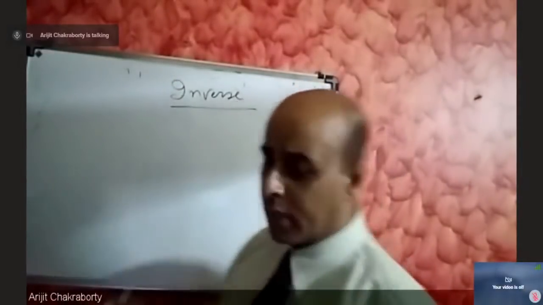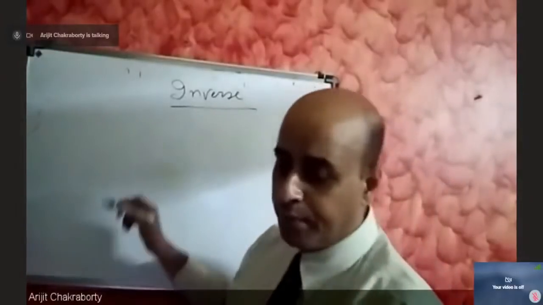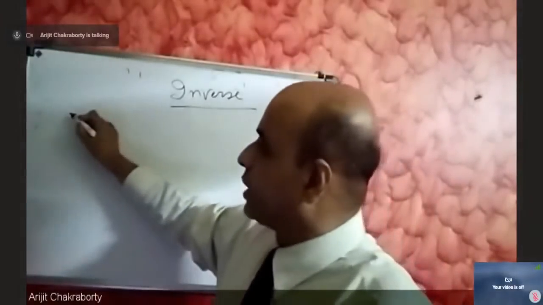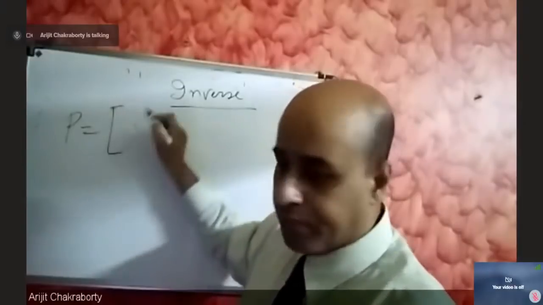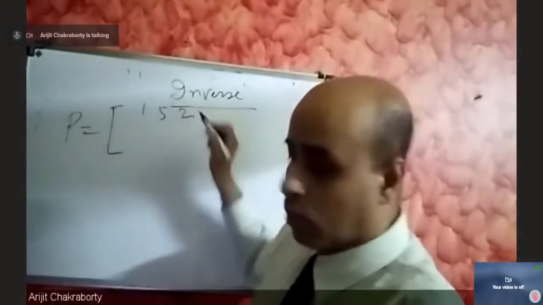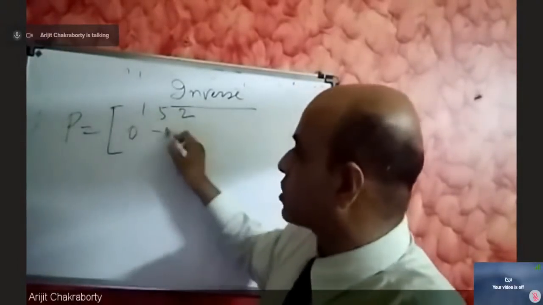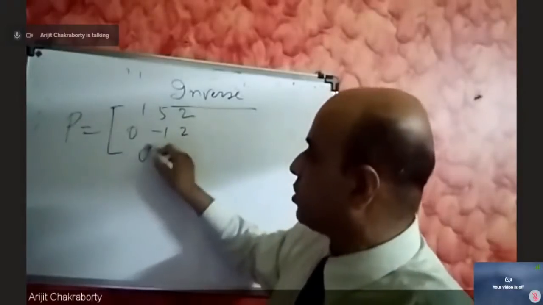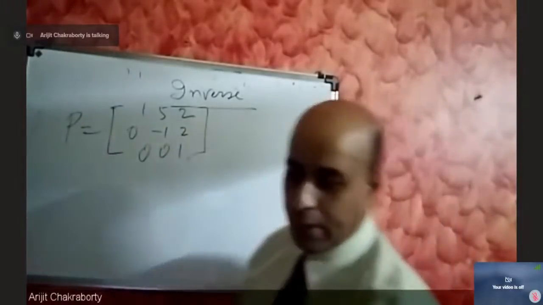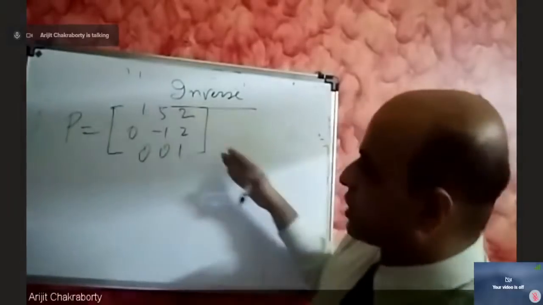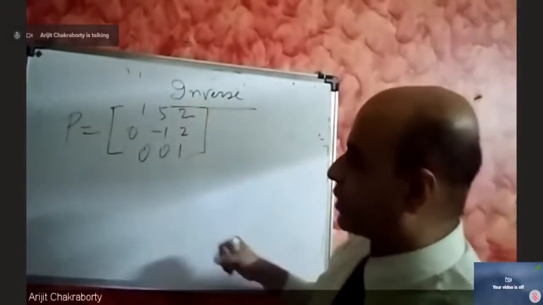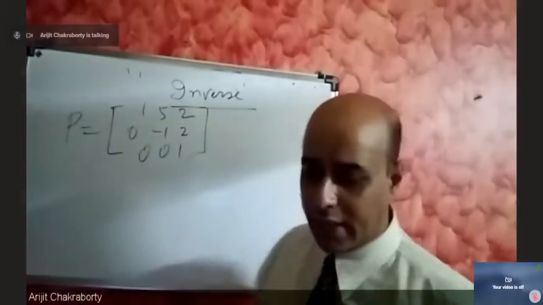So I'm taking up the inverse of a matrix with an example. The matrix I'm taking is, say, P equal to 1 5 2, 0 minus 1 2, and 0 0 1. This is an example of an upper triangular matrix because you have zeros below the diagonal.